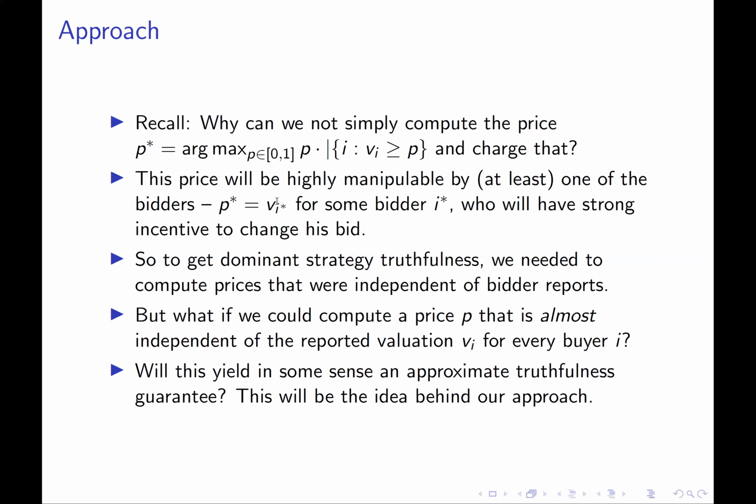This is sort of an ill-defined question at the moment, but the starting observation is we get a truthful auction if the price we charge to each bidder is independent of their bid. Can I get an almost truthful auction by computing a price that is almost independent of bidders' bids? Okay, and that's the question that's going to motivate what we do in this lecture.